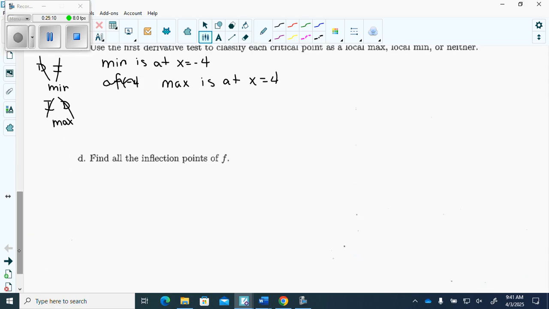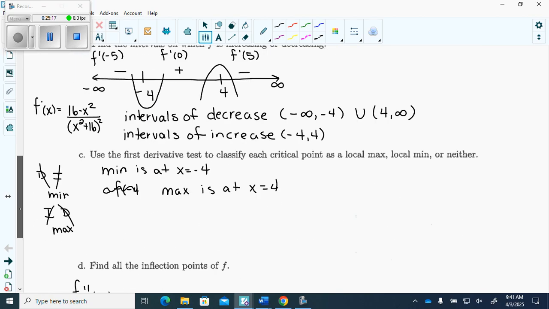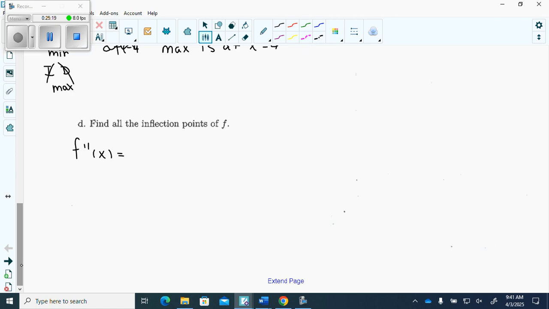Find the inflection points. F double prime of x. I don't have my paper in front of me. What is it? Help me. What is it? Okay. So then we have 2x, we have to set that equal to 0. Don't do that on the test. Actually write it equal to 0.